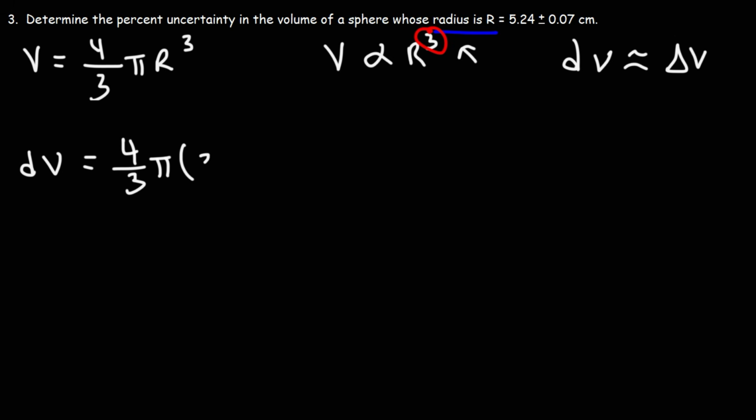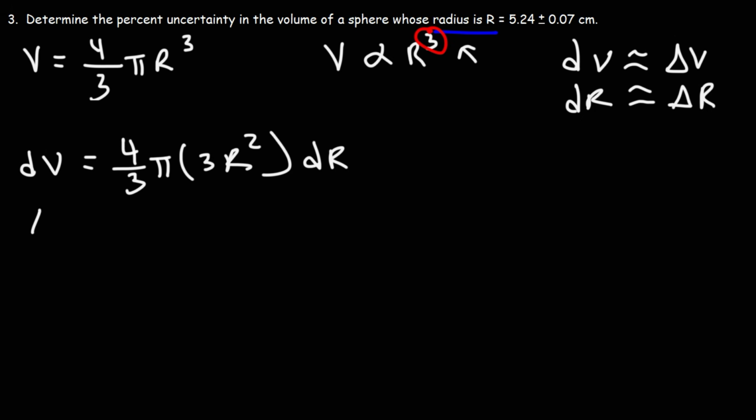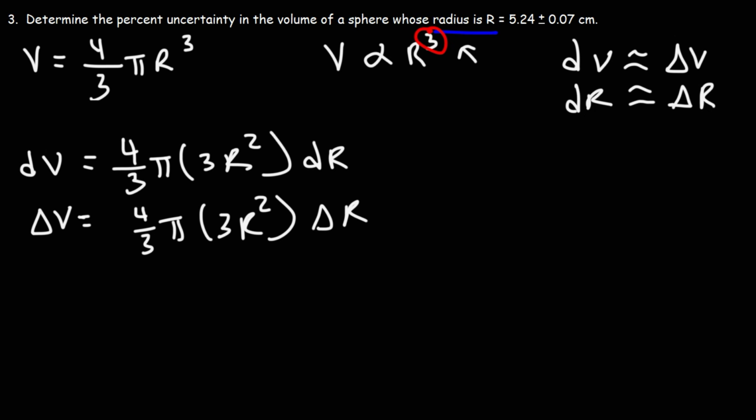Using the power rule, it's going to be 3r squared, and then times dr, which you could think of as, or approximately, the change in r. So we could say that the change in V is approximately 4/3 pi times 3r squared times the change in r.